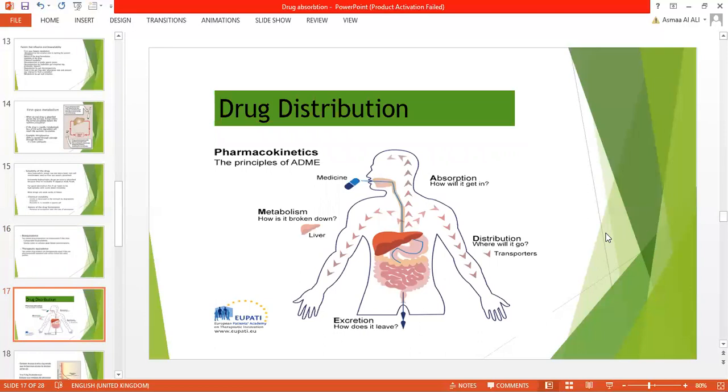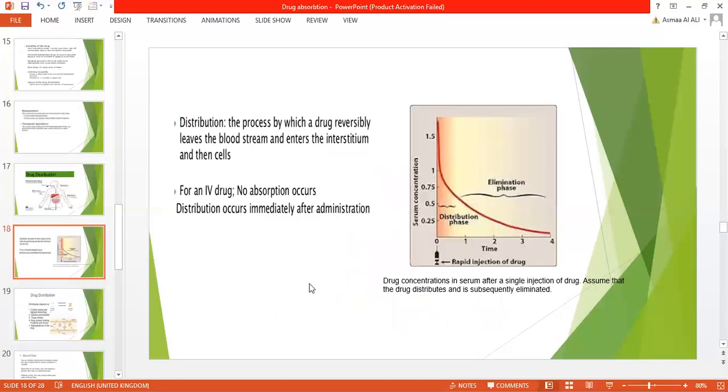Now we will talk about drug distribution, also one of the important processes of pharmacokinetics. We finished talking about absorption, and now we are talking about drug distribution. Drug distribution is the process by which a drug reversibly leaves the bloodstream and enters the interstitium and then the cells of the tissue.